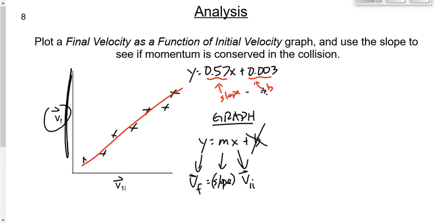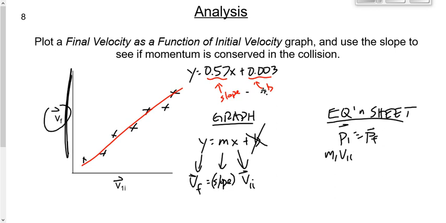Next, you're going to come up with an equation from your equation sheet, or you might have to derive it from equations on your equation sheet that have the same variables in there, vf and vi. The equation that I'm going to come up with actually is a derived equation. Pi is equal to Pf. m1 v1i plus 0.